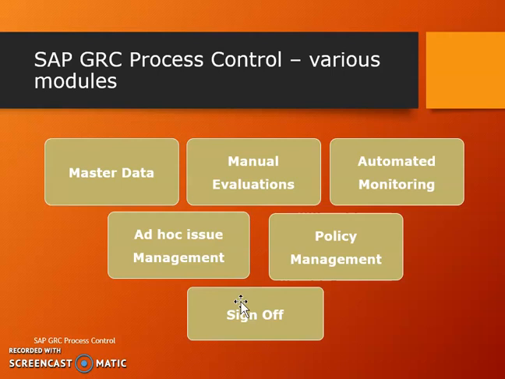Next is a manual evaluation. Manual evaluation is more like where you are doing the manual control testing. So here, how it is different from a manual control testing if we don't have a SAP system is that the SAP GRC provides us a workflow. So when there is a time to do that evaluation, it triggers a workflow. Workflow will come to the control tester.